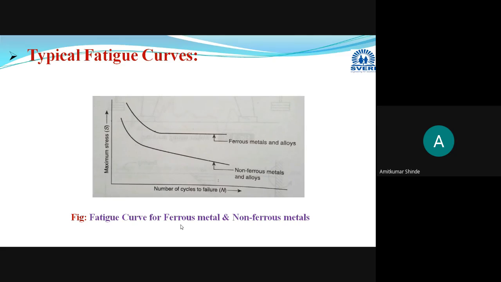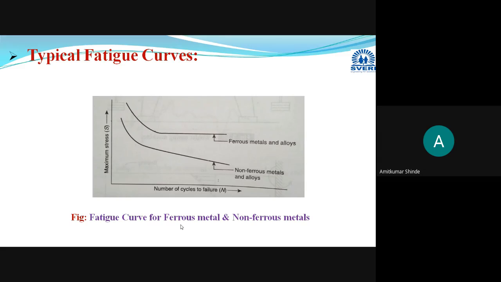That's why whichever higher amount of stress a particular non-ferrous material can carry without failure, that value will be termed as the fatigue strength or endurance strength. It may get failed after a certain number of rotations for a higher stress value, and the highest stress value without failure is the fatigue strength or endurance strength for non-ferrous materials and their alloys.